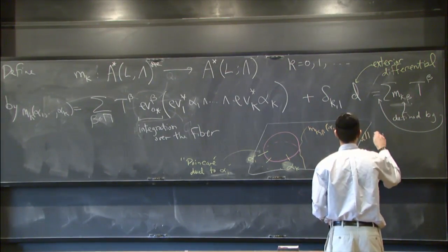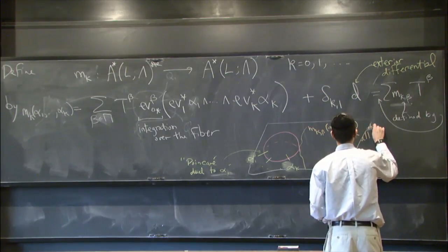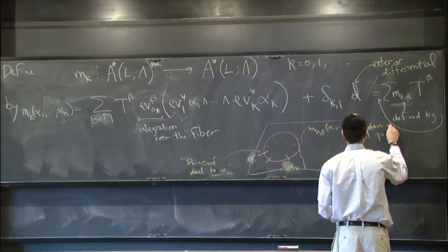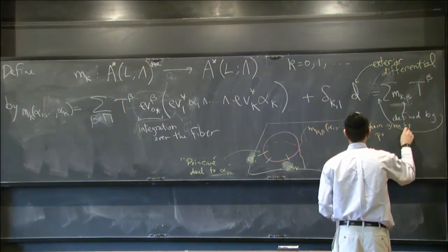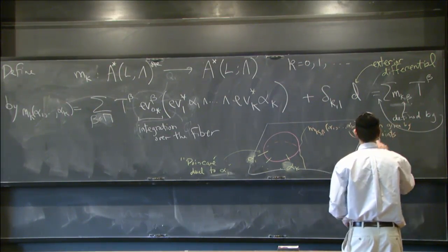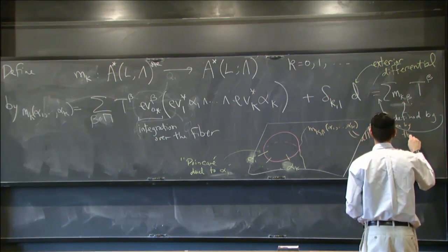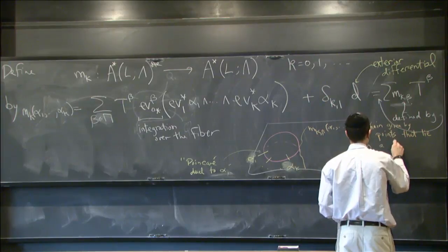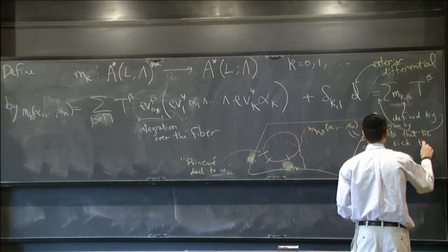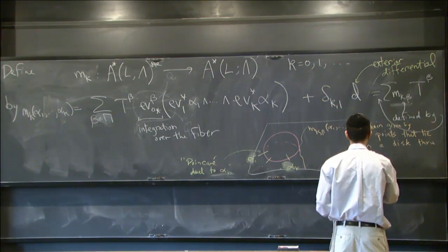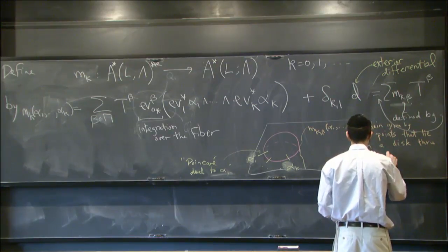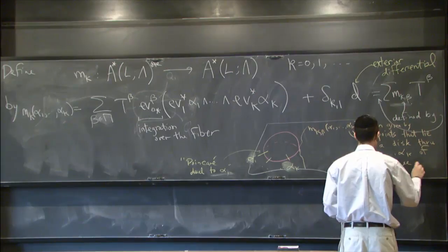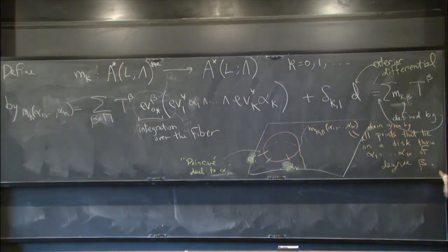All points, yeah, the chain given by all points that lie on a disk through alpha 1 up to alpha k of degree beta. So a disk of degree beta.